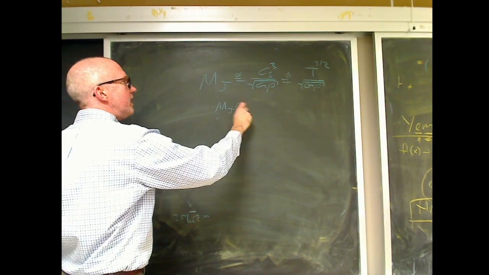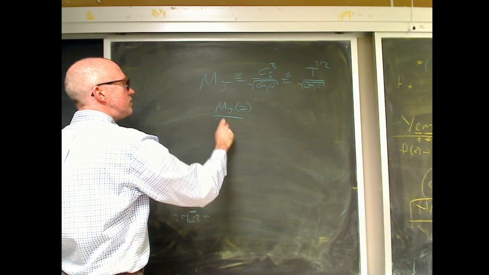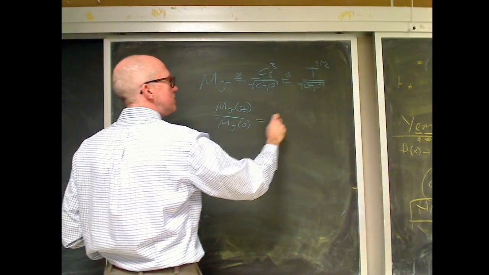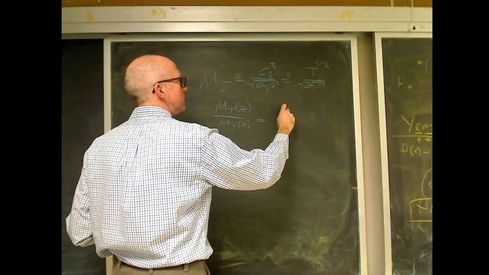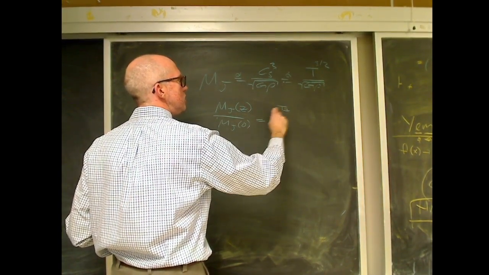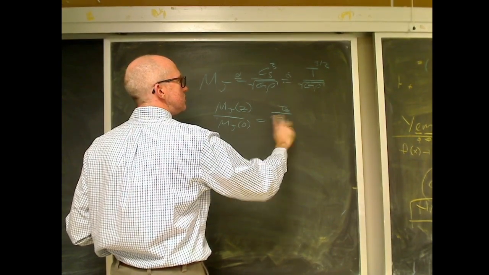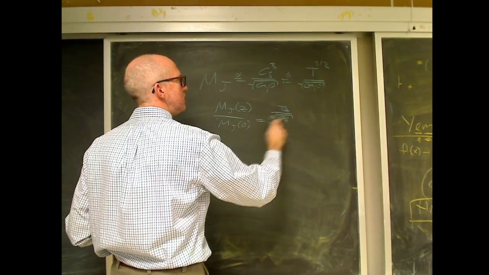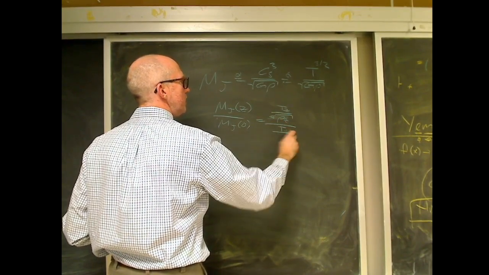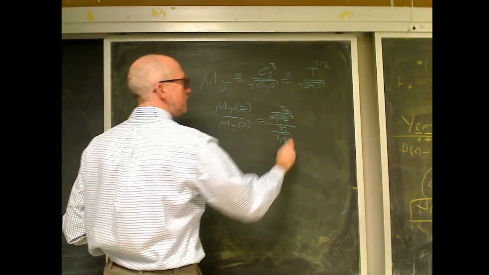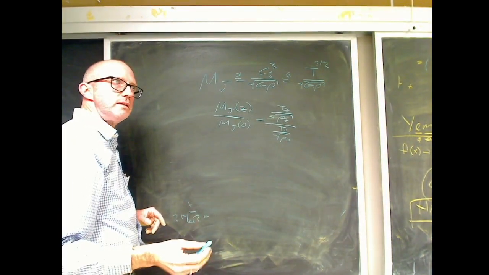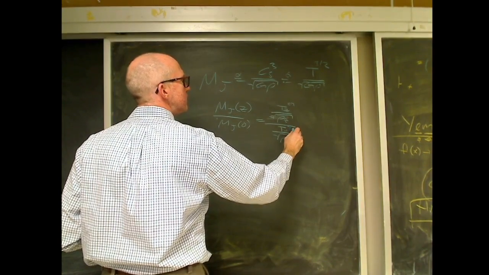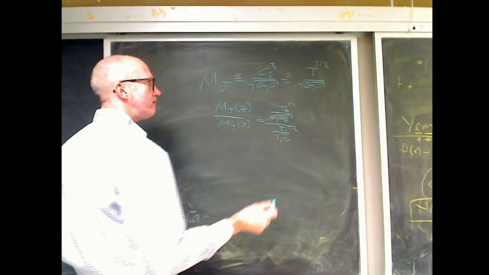So, the Jeans mass at z over the Jeans mass at a redshift of 0 is going to be T at z over G cancels, square root of rho at z over T naught over square root of rho naught. Right?